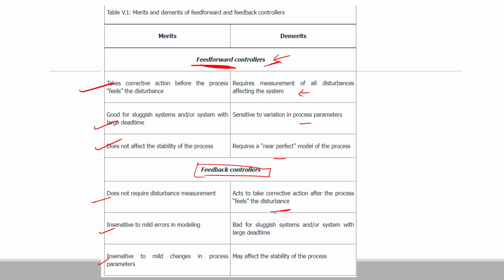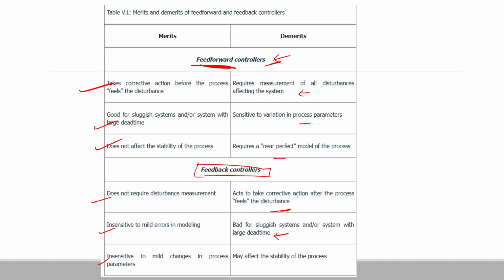However, the feedback controller is a reactive controller, that is, it won't react to the disturbance when it is felt. It will only take control action once the disturbance affects the output of the process. So once the output changes, only then will it take control action. It is bad for sluggish systems, because the feedback controller will wait for the disturbance to travel through the entire process and affect the output.